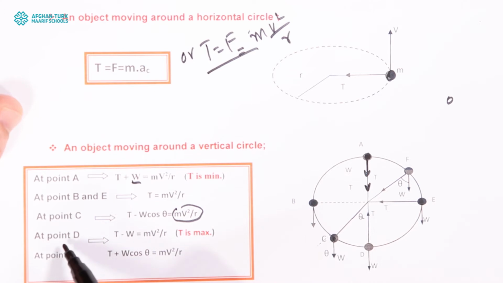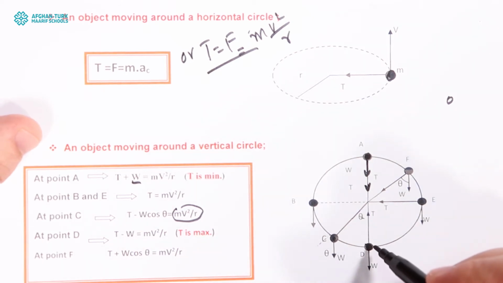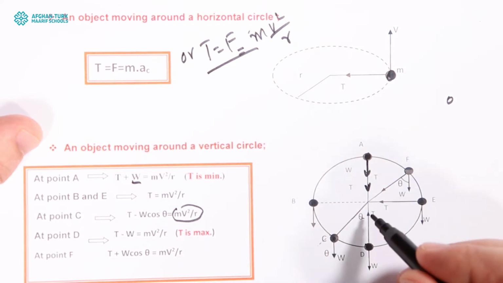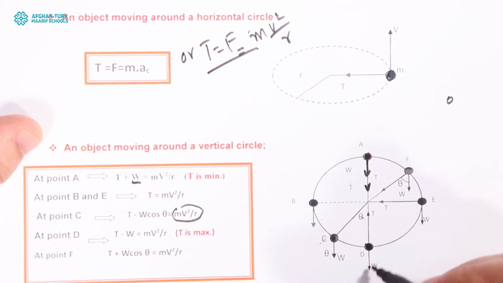When the object is exactly at position D, meaning the downward vertical side, in this case the tangent force will be maximum because it is opposite to the weight. The tangent force is upward and the weight is downward, so we will subtract the weight from the tangent force.